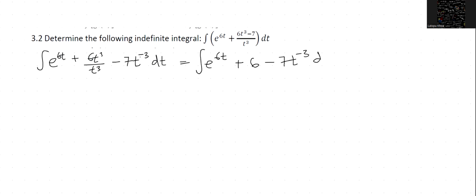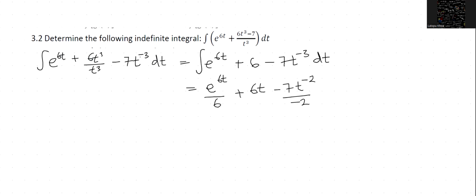So we know how to integrate this. First, it remains the same. Then you divide by the derivative of 6t, which is 6. The integral of 6 is 6t to the power of 1 divided by 1. So don't need to write that one. And then we have minus 7 t to the power. At the top we add 1, so we get minus 2, and then we divide by minus 2.